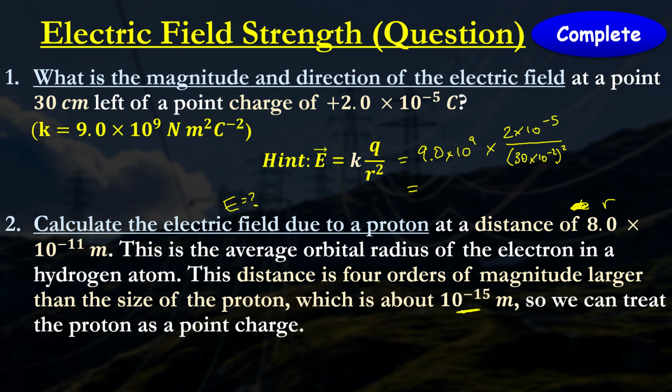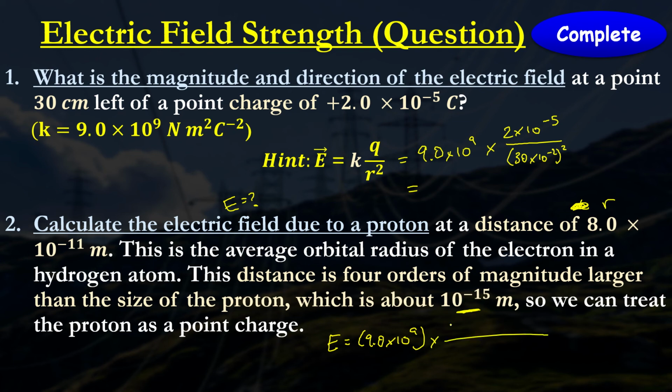Okay, so we are using the exact same idea. We have the electric field strength and the K constant. The charge of a proton is the same magnitude as an electron.